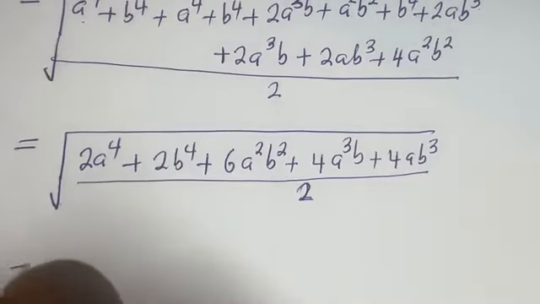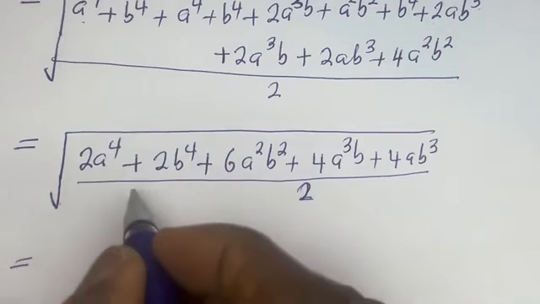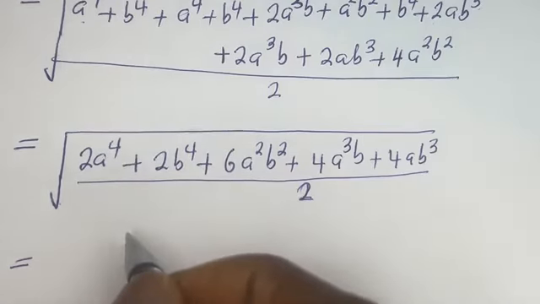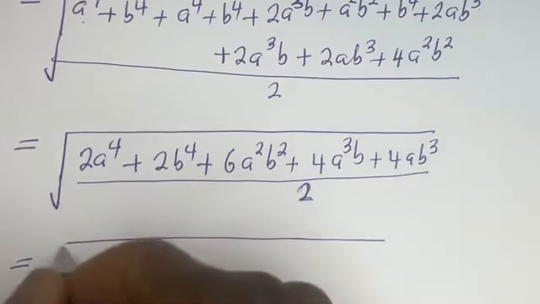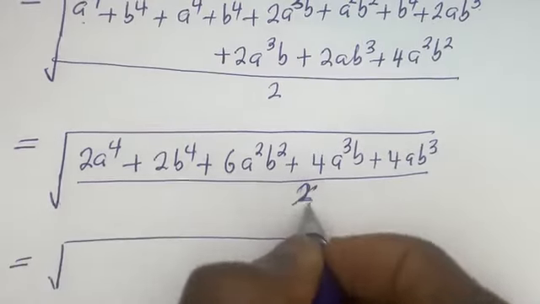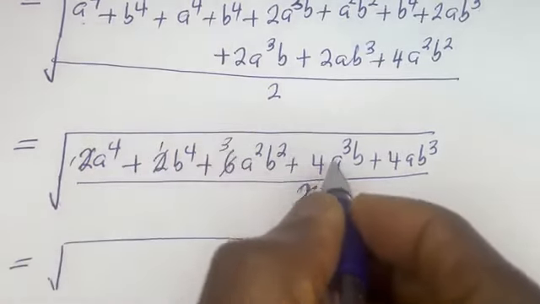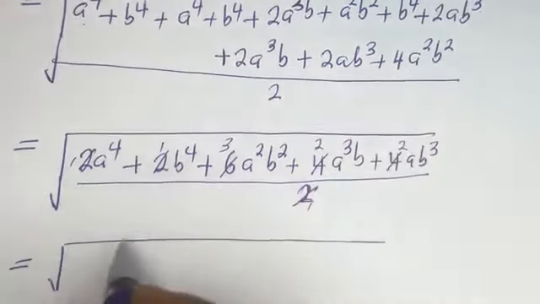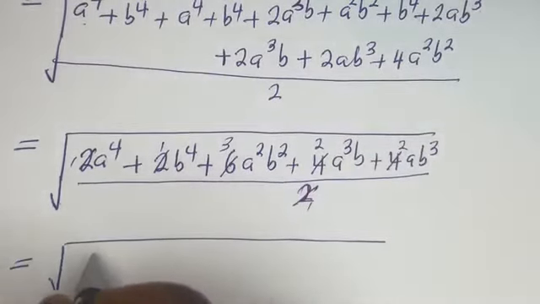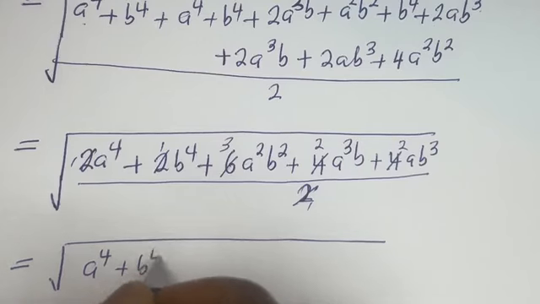And this is equal to, from here, we have square root of, dividing by 2, we get A to the power of 4 plus B to the power of 4.